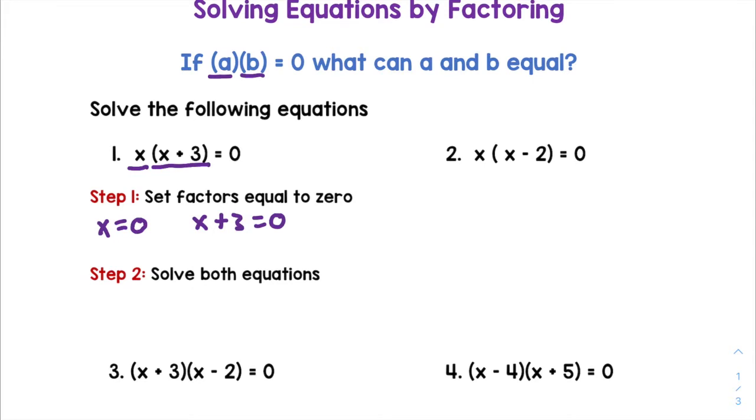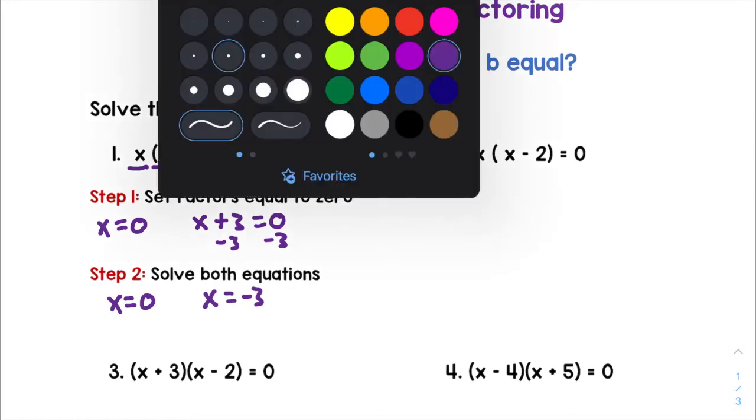The first equation, x = 0, there's nothing to solve for, so I know my first solution is 0. And the second equation, x + 3 = 0, we're going to solve by subtracting 3 on both sides to get our solution, x = -3.